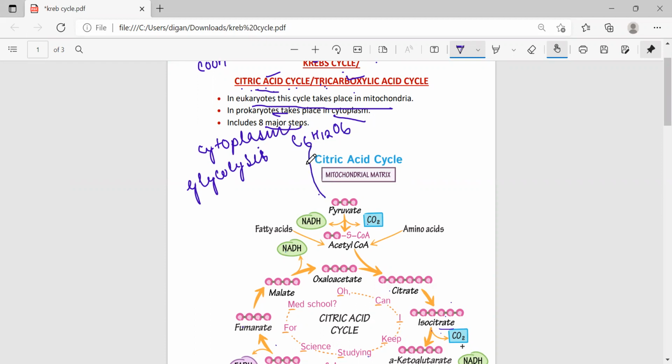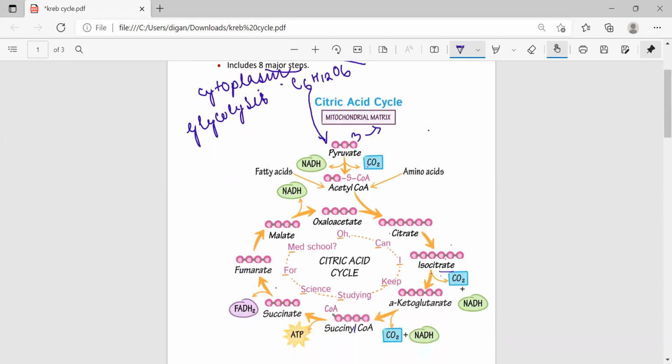At the end of glycolysis, from the glucose molecule, the final product pyruvate is formed, which is a 3-carbon compound. After the pyruvate is formed, it enters into the mitochondria, because this glycolysis process takes place in cytoplasm. So after the pyruvate is formed from glucose, it enters into the mitochondrial matrix, where the citric acid cycle takes place.